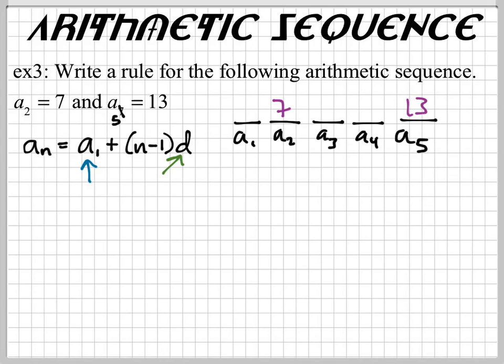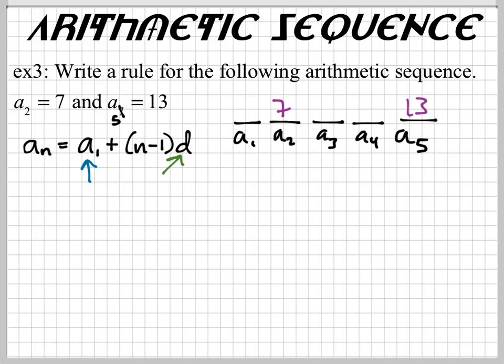Now I had some students do this part in their head. They would find the common difference right away. Has anybody got it? Yeah, it's 2. How does he know it's 2? Because if we add 2 right here, and then add 2 right here, add 2 right there, we will get 13. So we have to add 2 three times. Okay, but what if you don't see that right away? Well, you have to know what the distance is between 7 and 13.